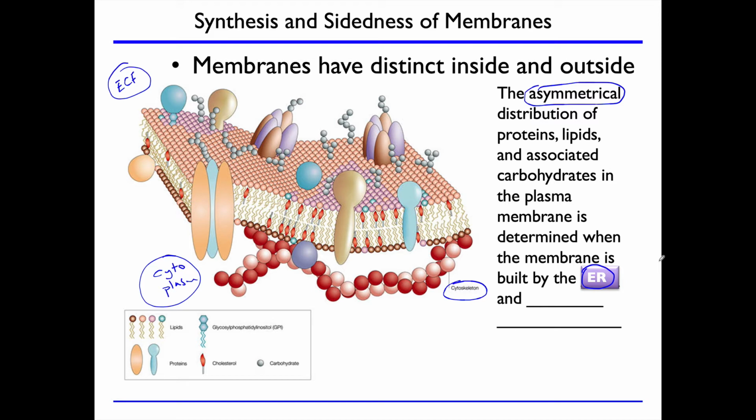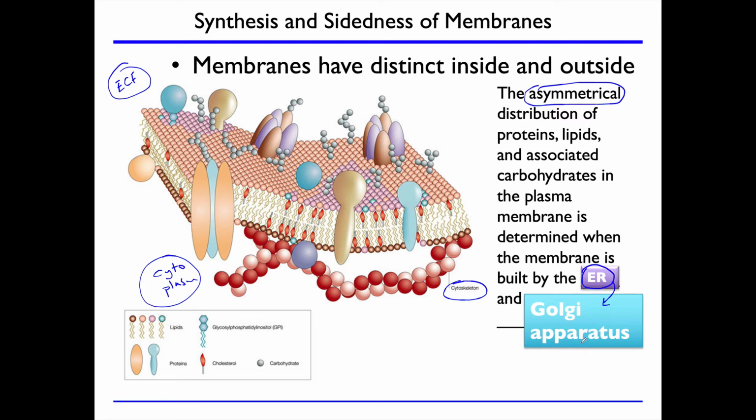After the ER, whatever was built there takes a ride to the next big structure, which was the Golgi apparatus. And it was at the Golgi apparatus where we saw things get wrapped up in nice vesicles. Perhaps a sugar was added or transferred or removed. So it's kind of a sorting and repackaging area.